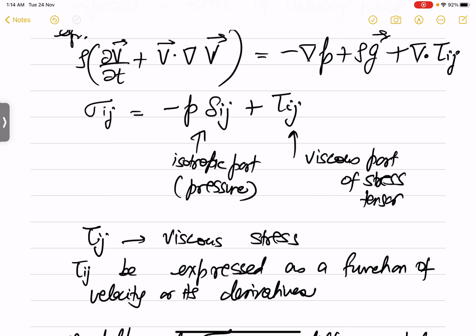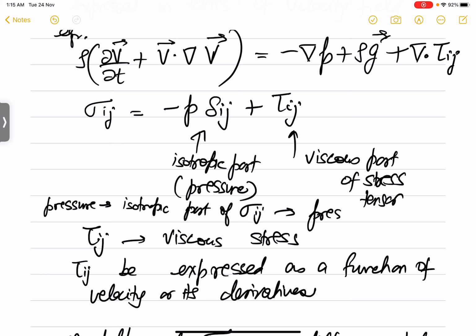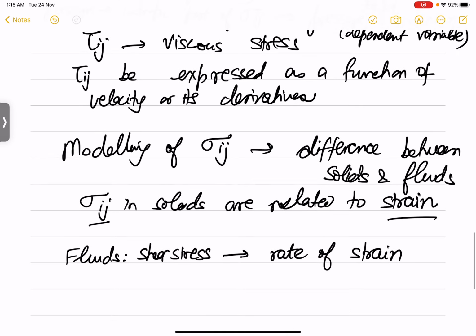And one more thing we will realize is, because pressure now is defined as the isotropic part of sigma ij, so now in this moving fluid, pressure is unknown. It is also a dependent variable, because we do not know it, so pressure will also have to be solved for along with the velocity field.